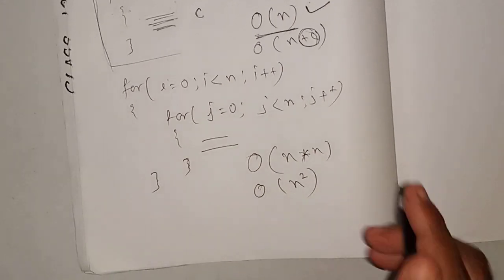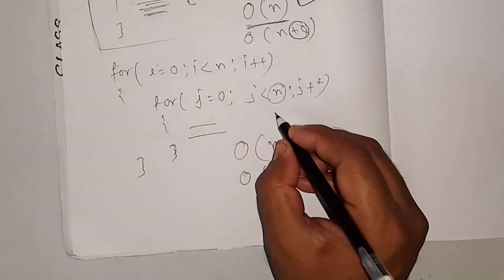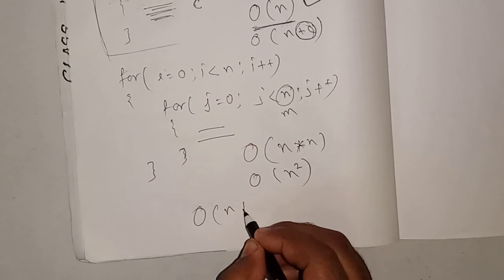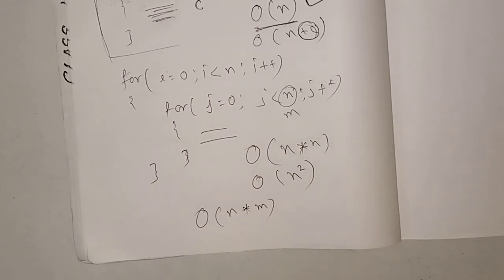If this n is not n but becomes m, at that time we can write O(n into m).